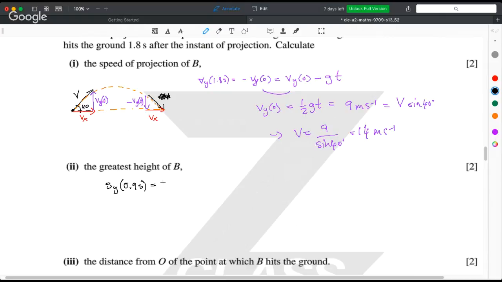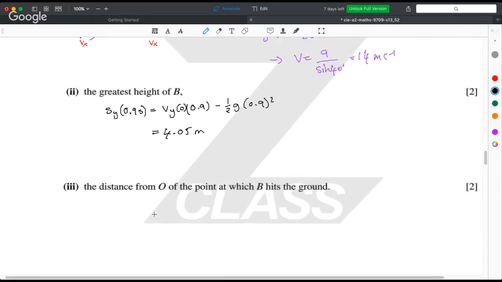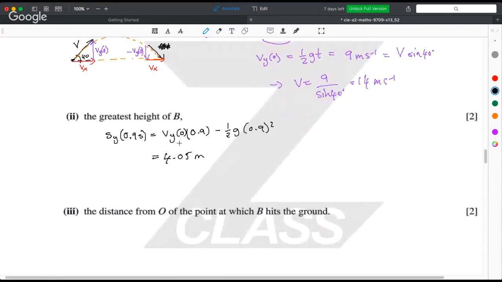That's going to be equal to the initial velocity in the y direction, it's all vertical, at 0 times 0.9 minus 1/2 g 0.9 squared. This is the constant acceleration equation for distance traveled, and that's pretty easy to work out on your calculator. Remember that this is Vy at naught that I was using here. So it's 9, not the full V. It's 9 meters per second.